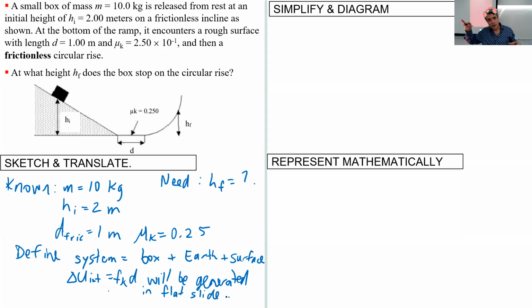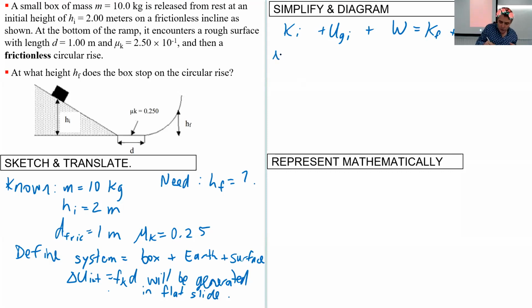As it slides across that rough part, it'll generate some thermal energy, internal energy. So the way I'm going to picture that is K initial plus U_G initial plus W is equal to K final plus U_G final plus delta U internal.